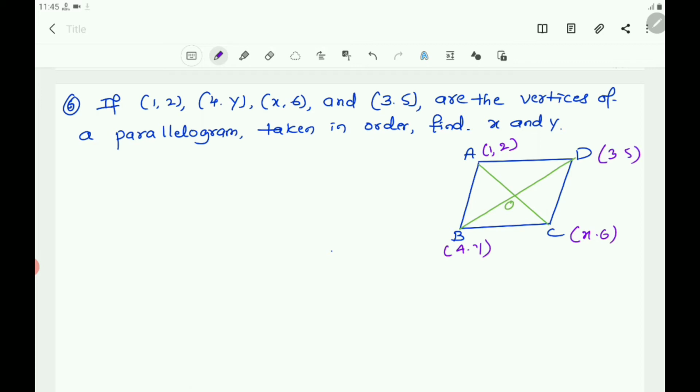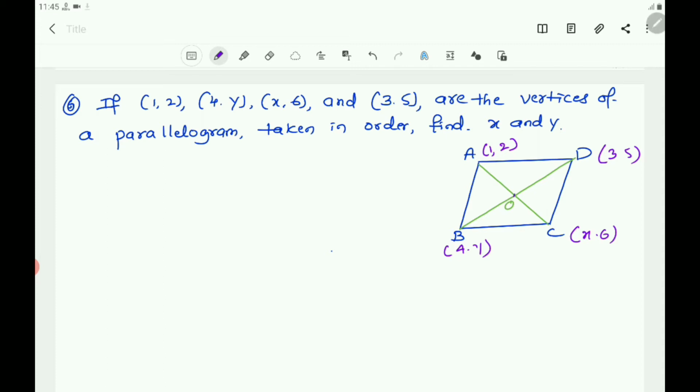Now what do we have to find out? We have to find the values of x and y. Here we must use the properties of the parallelogram. We know that in a parallelogram opposite sides are equal and also diagonals bisect each other.